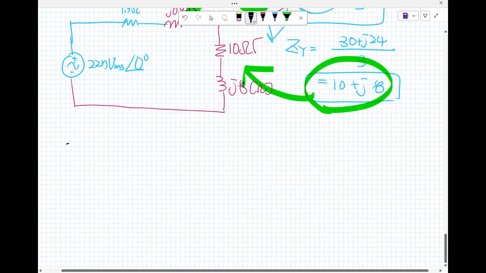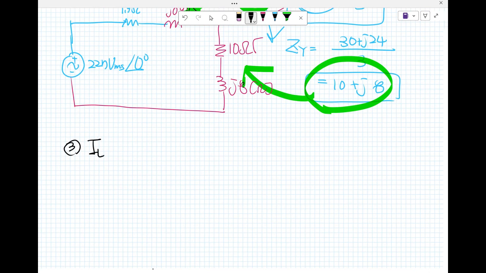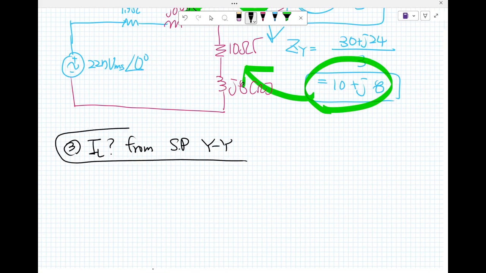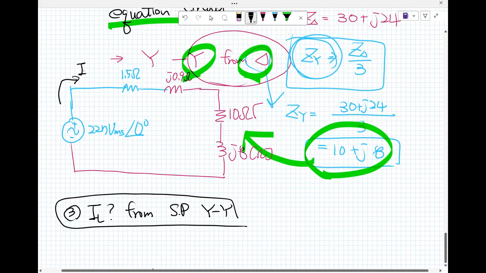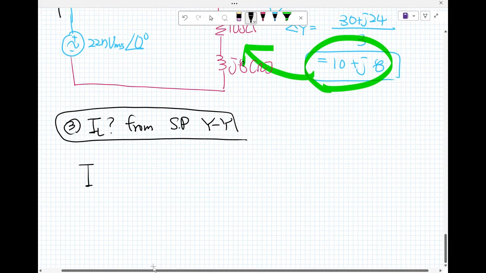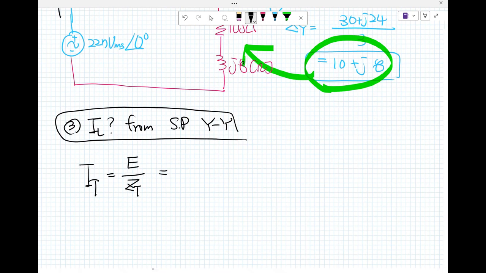Okay. So the third thing, the question is what is the line current from the single phase Y to Y connections? Go back to the circuit in question 2. What is the I sub T here? Very simple, Ohm's law, E over the total impedance.